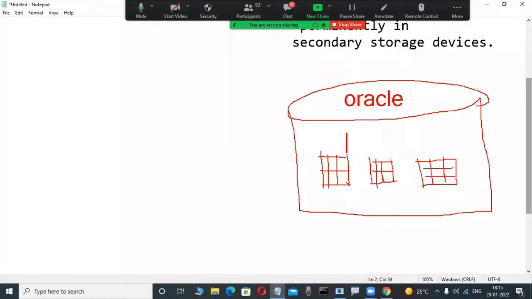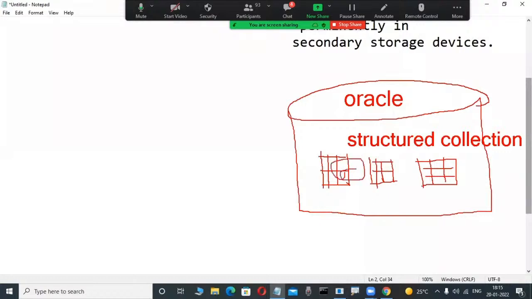All relational databases store a structured collection of data, that is important, not non-structured. Non-structured data is for other databases. Oracle is one of the popular relational databases.